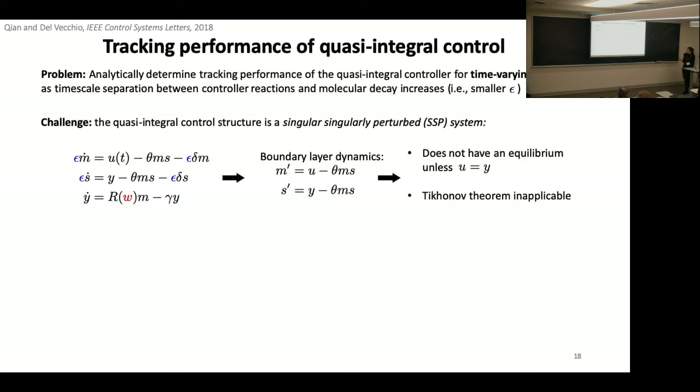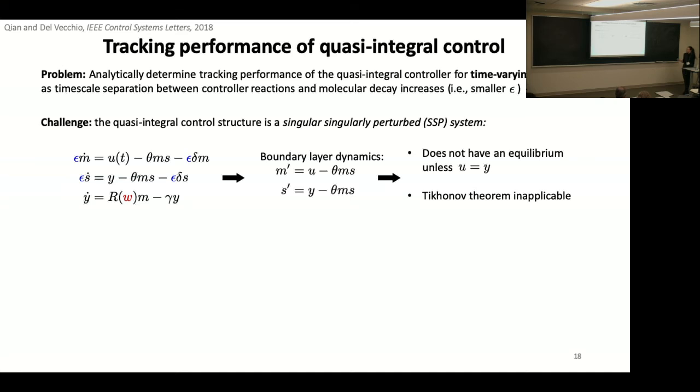Here is the tracking performance of this quasi-integral control. So now let's assume that your input regulatory protein, for example, is not constant as before, but it's time-varying. In that case, the standard approach could be to show that this is a singularly perturbed system, so you set epsilon to 0 and see what happens.